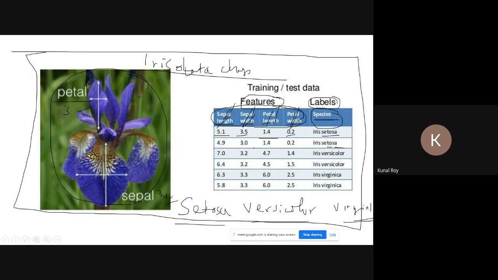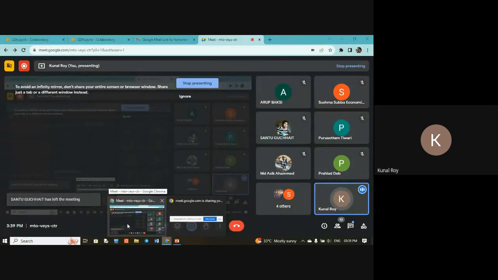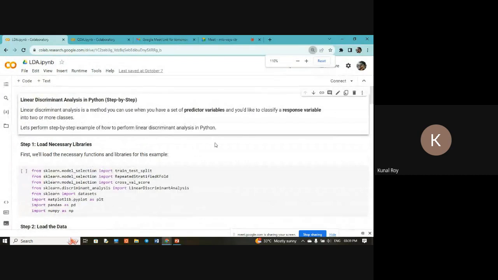Okay, now I will be implementing Python programming for this, to show how we can use linear discriminant analysis. Basically, there are predictor variables and a response variable with two or more classes.